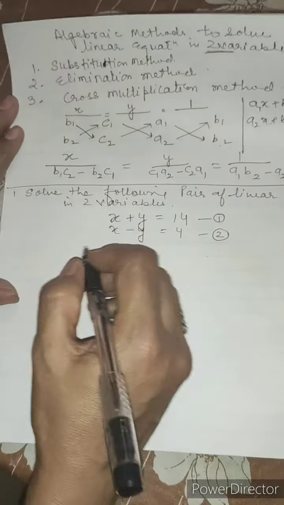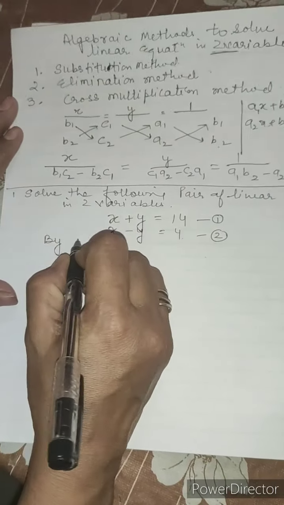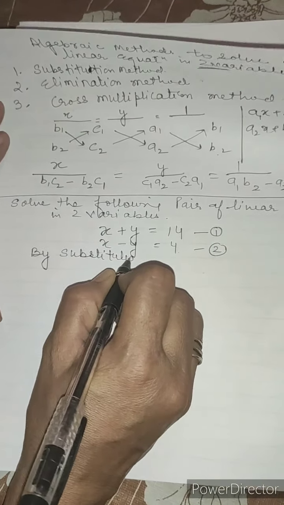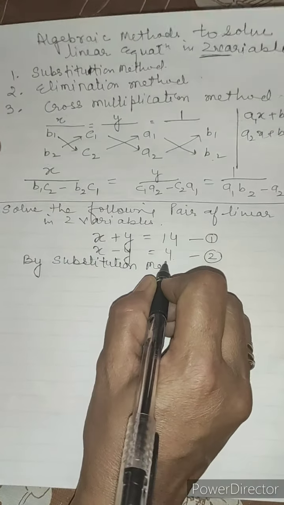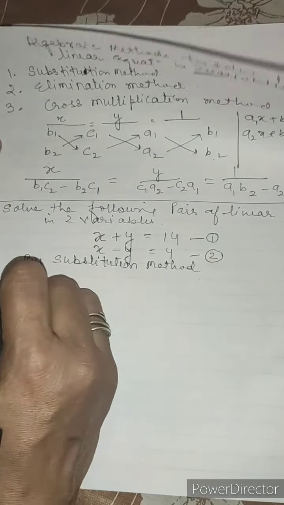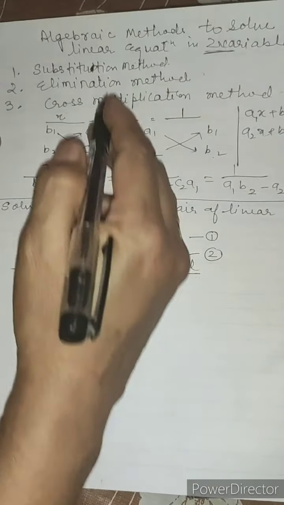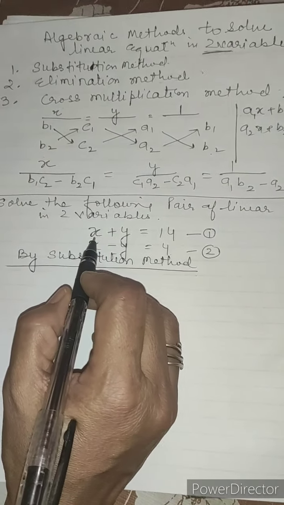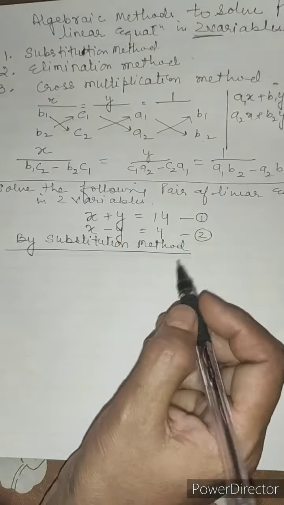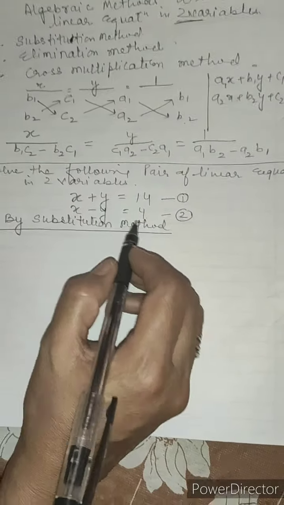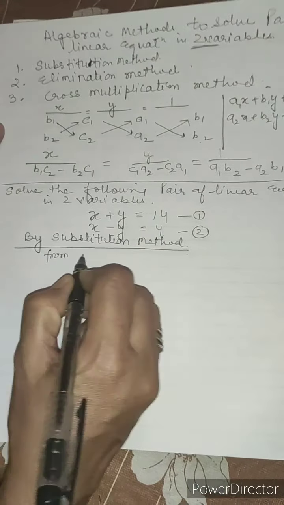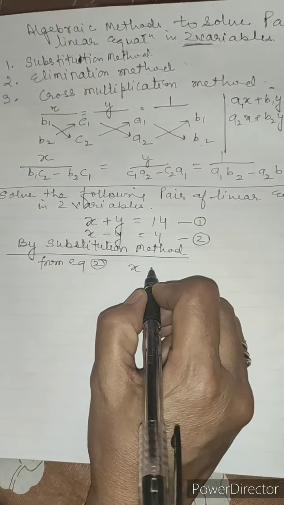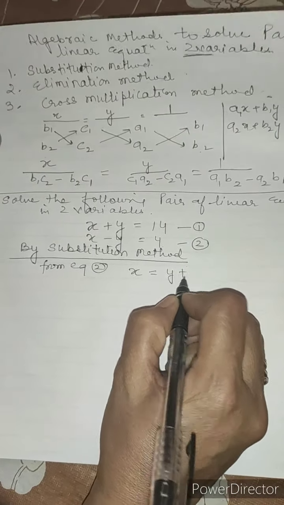Let's first solve it by substitution method. As I said previously, here we will express one variable in terms of the other variable. So from equation 2 I get x equal to y plus 4.